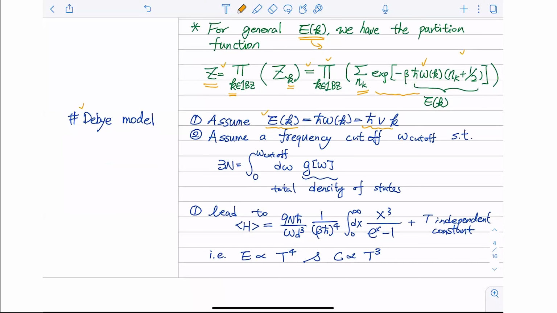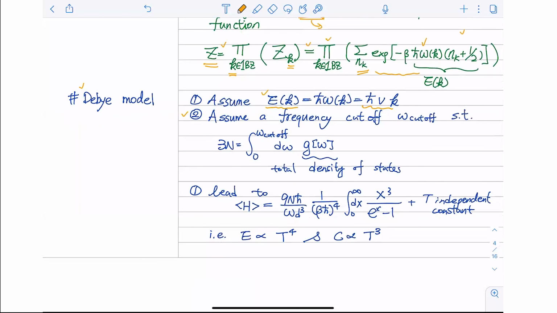And the second assumption is by noticing that the classical limit of the oscillators should provide us some results that are compatible with the equipartition theorem. So Debye makes a further assumption that when we sum over the frequency, we should have a cutoff frequency such that when we sum over all the density of states up to this cutoff frequency, we should recover the total degrees of freedom, which is 3n.